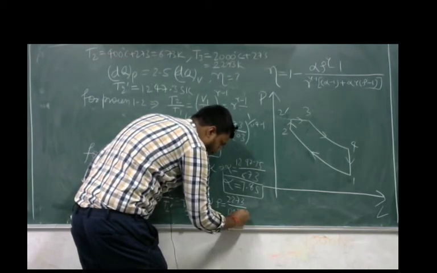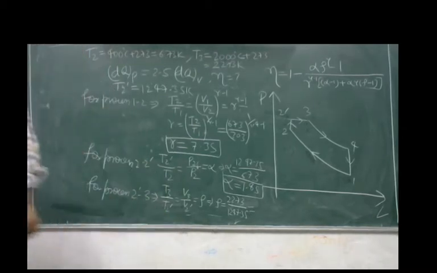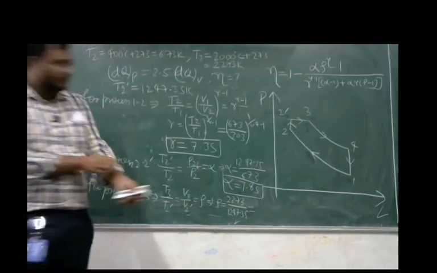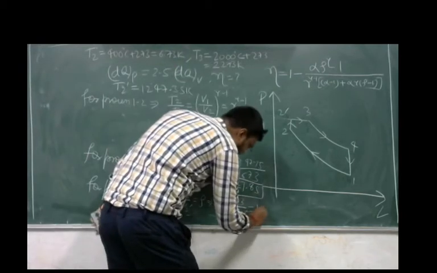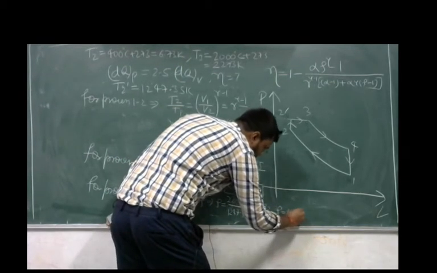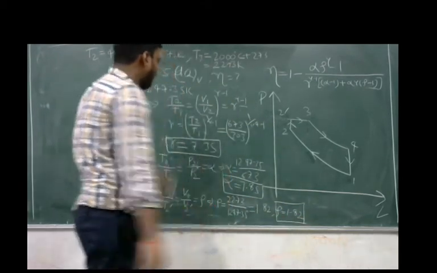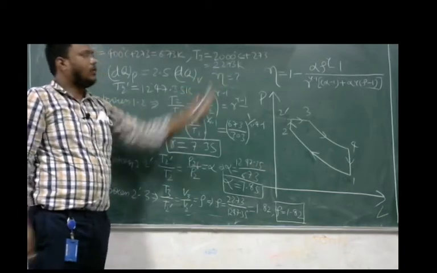So we get the value of rho equal to 1.82. Now we have all the values of rho, alpha and r. So we can easily calculate the efficiency.